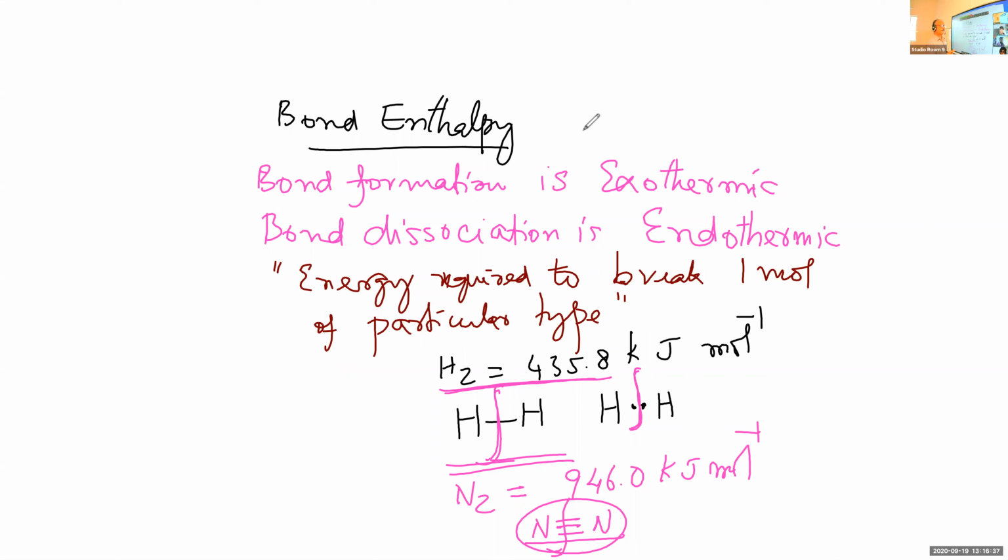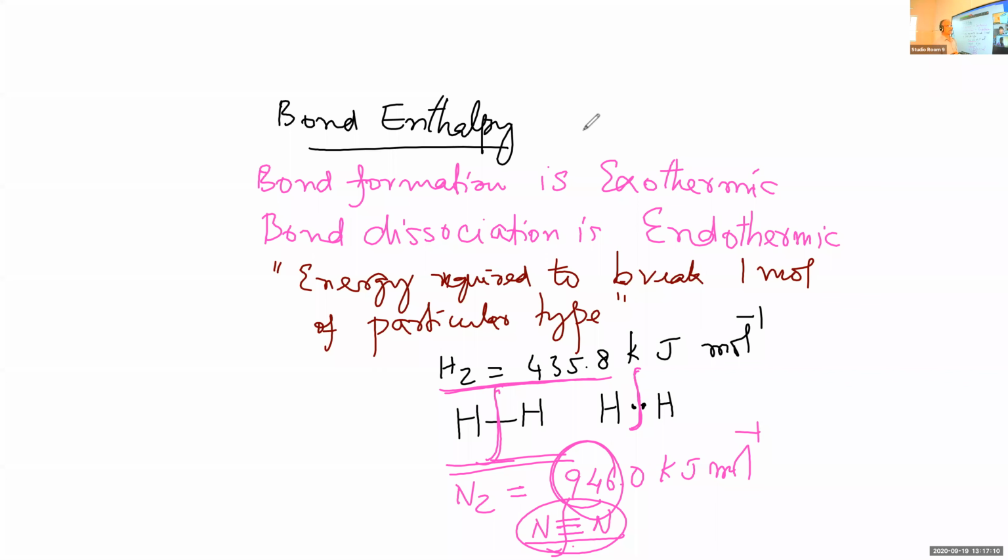For the breakage of 1 mole of the bond between the nitrogen atoms, 946 kilojoules of energy is required. That much of energy is required. And the bond enthalpy of nitrogen is a very high value, 946 kilojoules per mole.